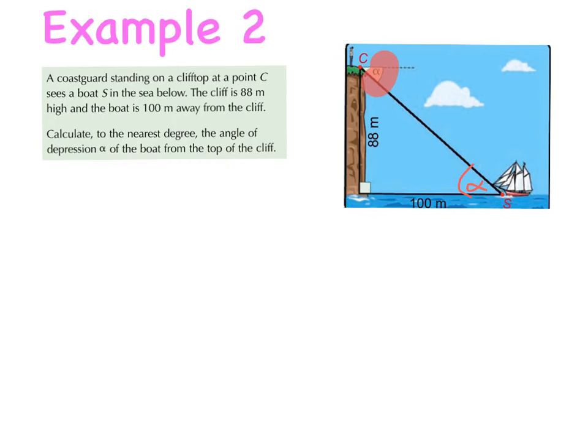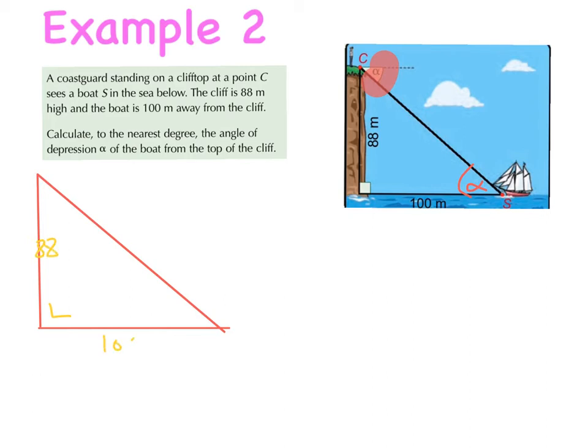So, as I said, step 1, we're going to draw out our triangle. We're going to label what we know, and we're going to ensure that we have taken all of the information on board. Especially with junior cert questions, some of the information may be written down and not in the diagram, and it's up to you to put those together. So anyway, here's my right angle. I'm told this is 88.